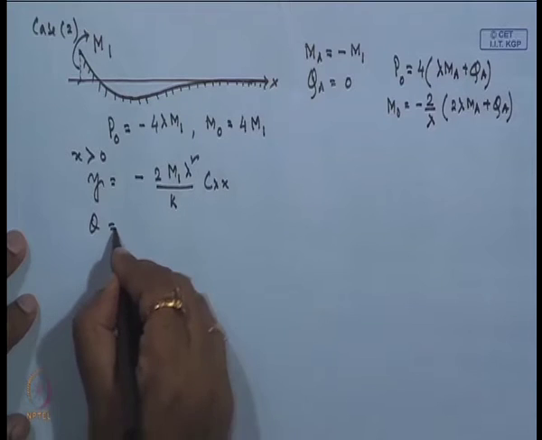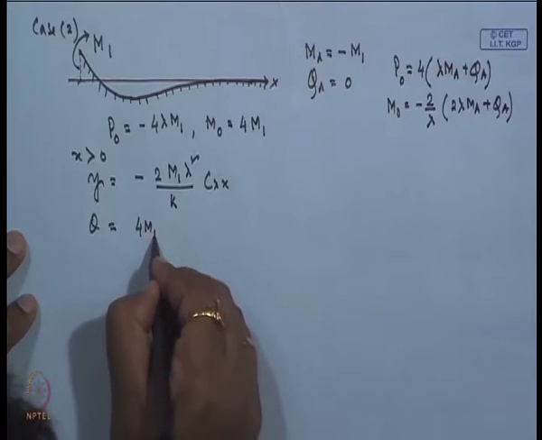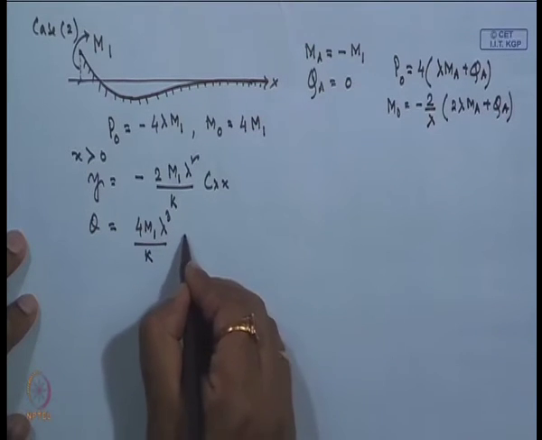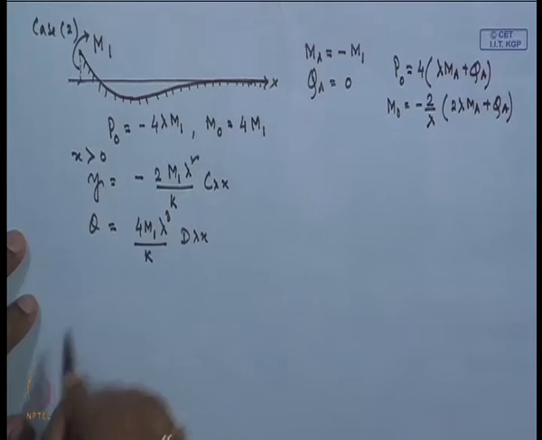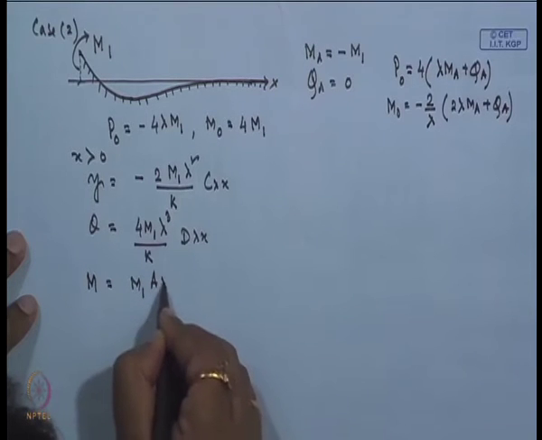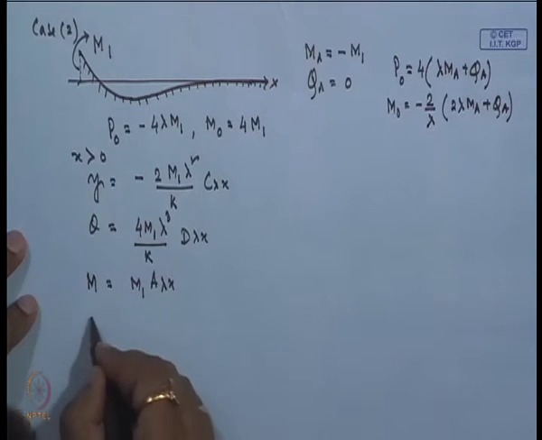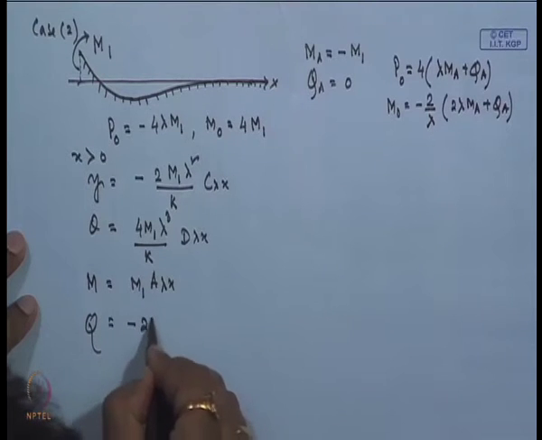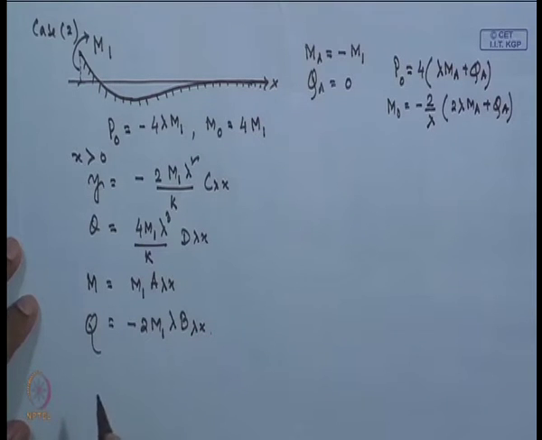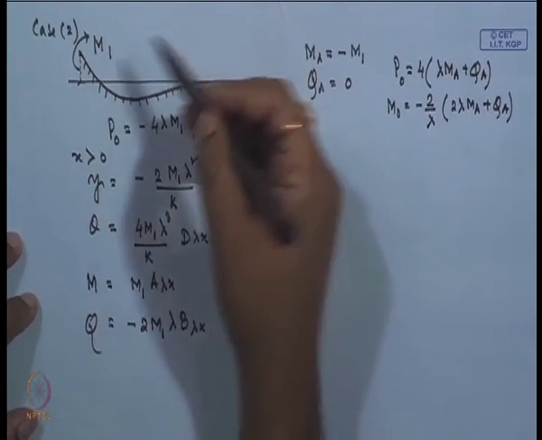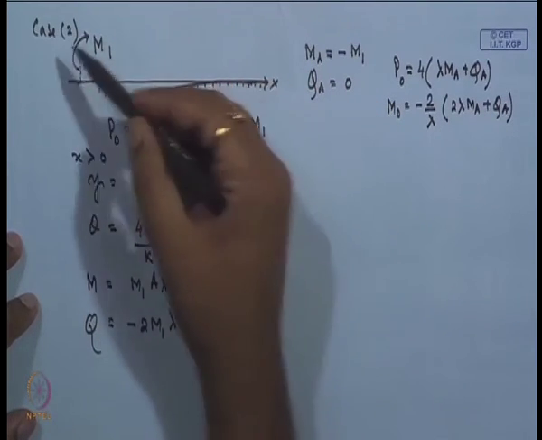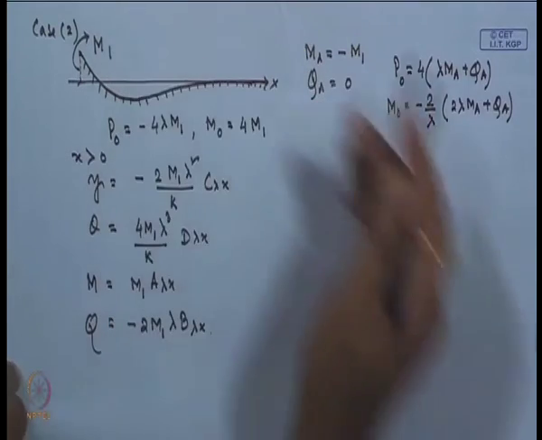Similarly, the slope theta is equal to 4 M 1 lambda cube by k into D lambda x, and the bending moment M will be M 1 A lambda x, and the shear force Q will be minus 2 M 1 lambda B lambda x. So, previous case 1 is a free end semi infinite beam subjected to concentrated load, and this is case 2 subjected to concentrated moment.